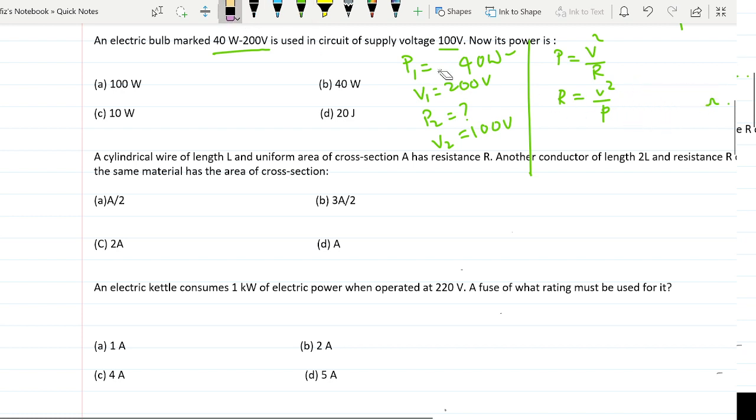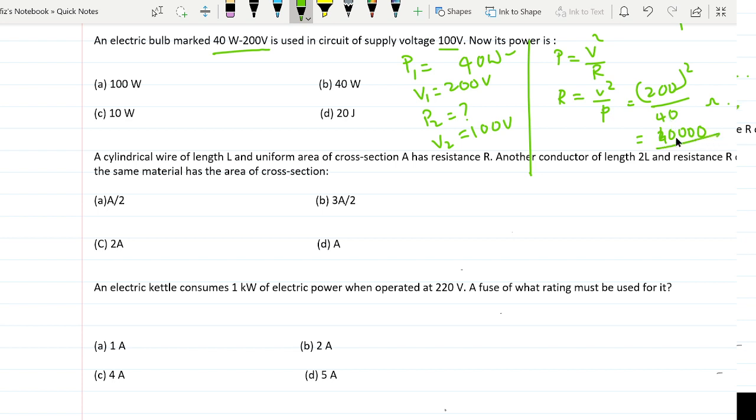Yes, sorry for that. Anyhow, see here, V is 200 square divided by power 40. 200 square is 40,000, divided by 40. 0 gets cancelled, 4 ones means 1000. Yes, the resistance is 1000 ohm. Okay, we got the resistance of the bulb.